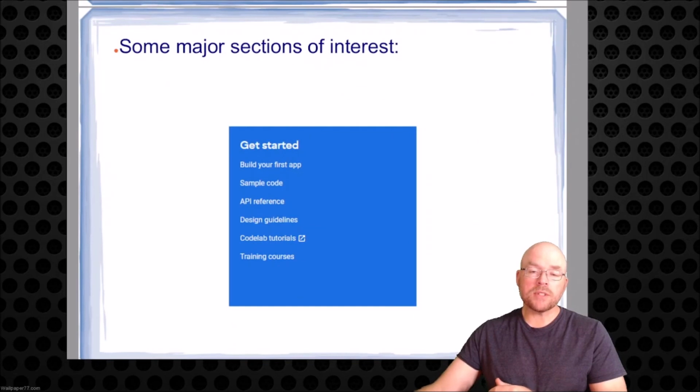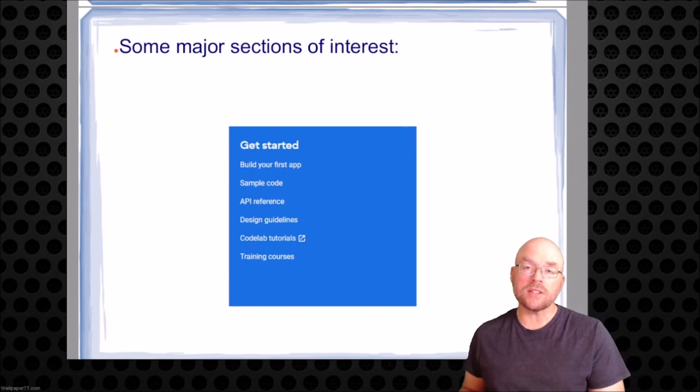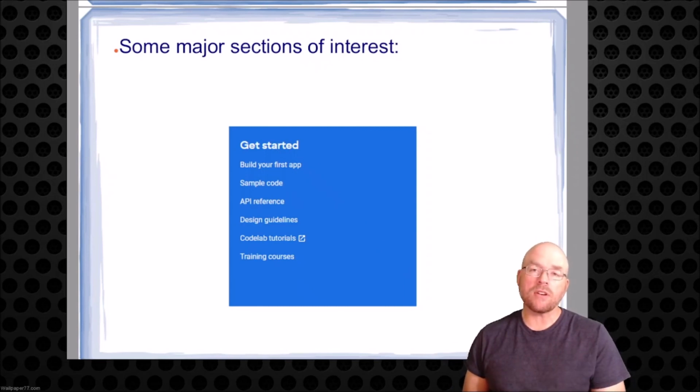And here are some sections of interest. You can just go there and click on stuff and take a look around and see what's available. Here's one section, build your first app. There's a section for sample code, and API reference, so everything that is available in a particular API version, all the different classes and methods, what their parameter lists are, and descriptions.